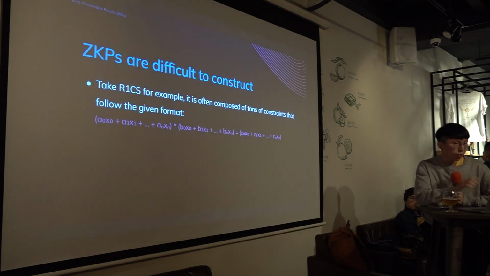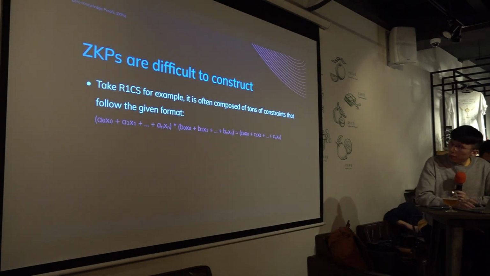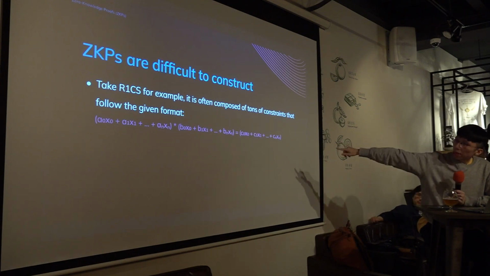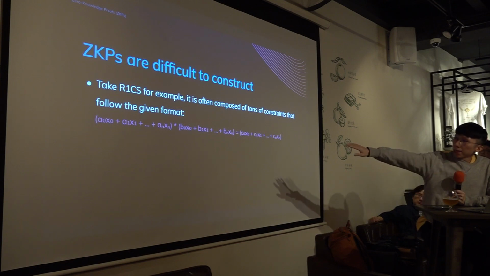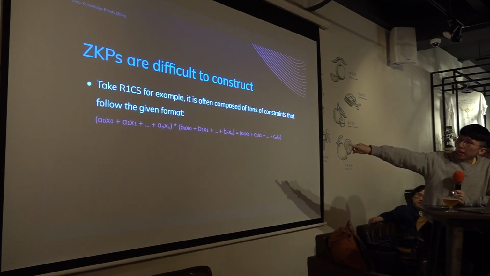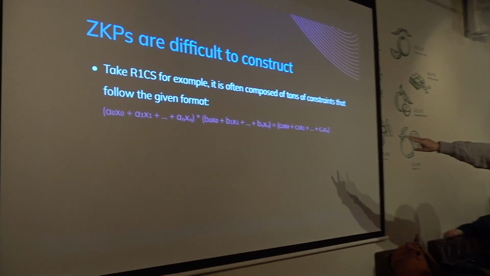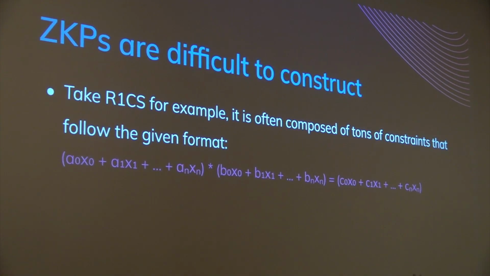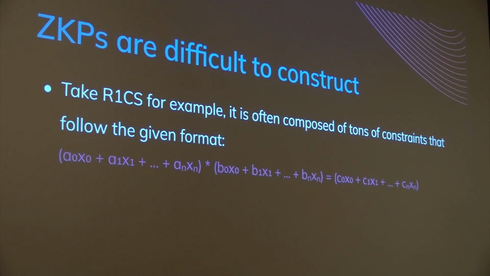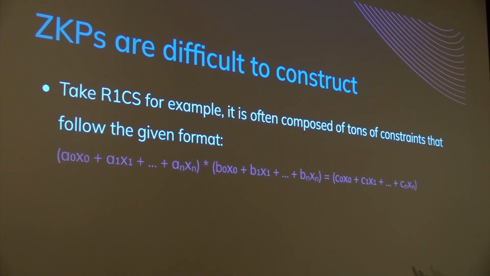So let's take R1CS for example. It's composed of tons of constraints that look like this. So this is one constraint, and each of these constraints contains tons of variables. And these variables are arranged in such a way that it's an equation between the product of two polynomials and another polynomial.